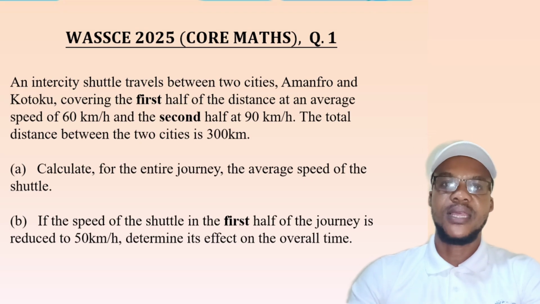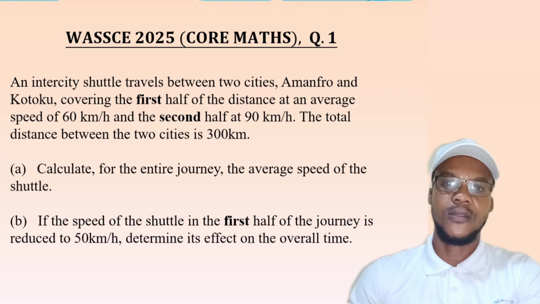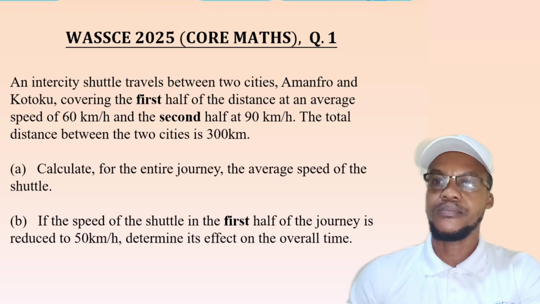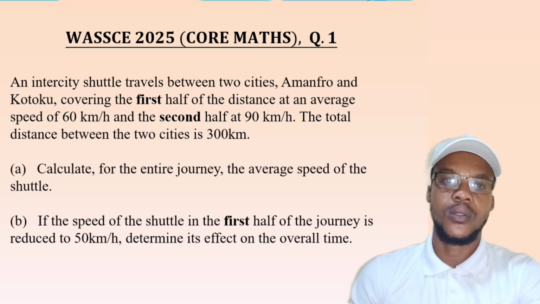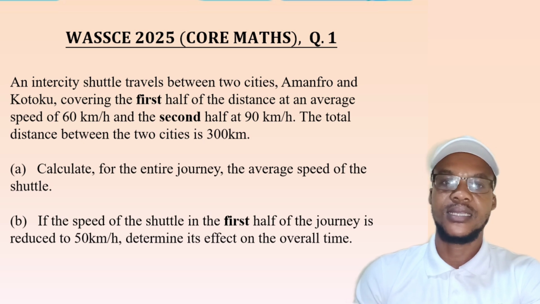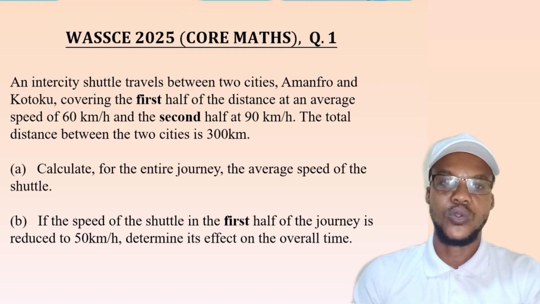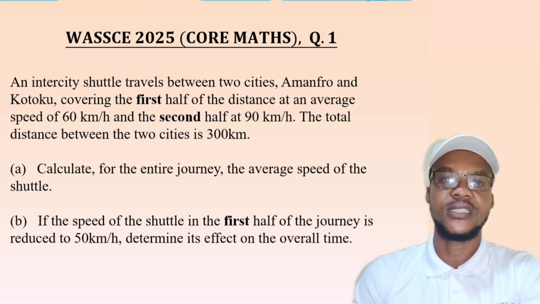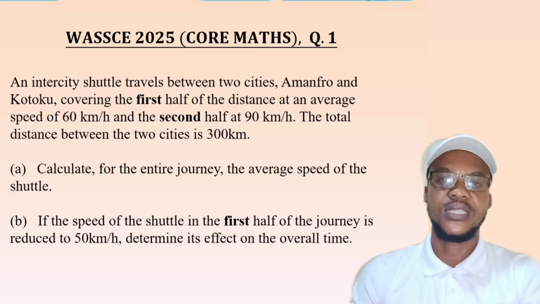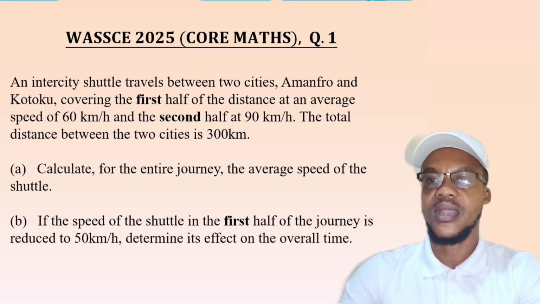Without wasting time, let's see this beautiful question. This is question one of session A, part A. We are saying that an intercity shuttle travels between two cities, Amanfro and Kotoku, covering the first half of the distance at an average speed of 60 kilometers per hour and the second half at 90 kilometers per hour.